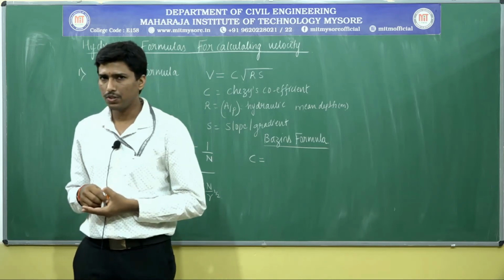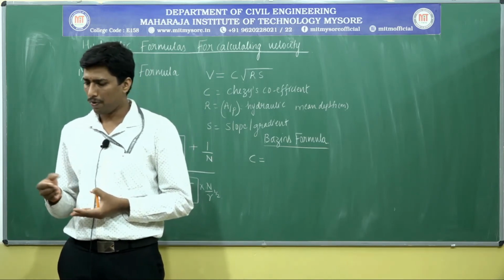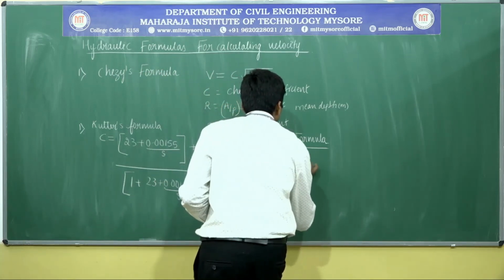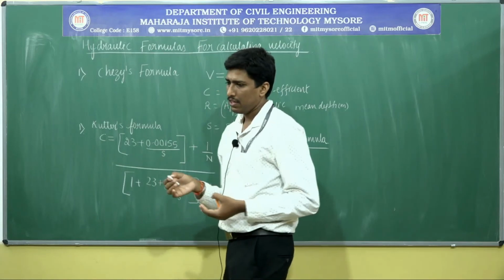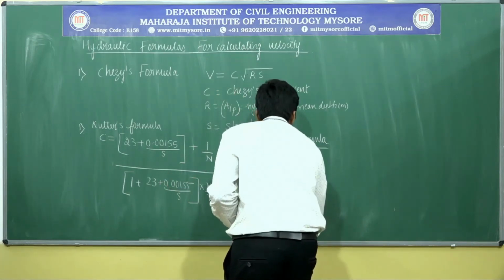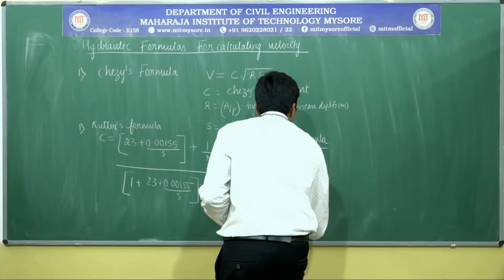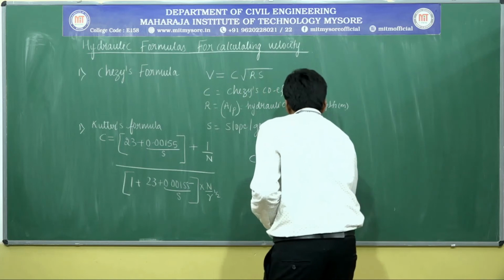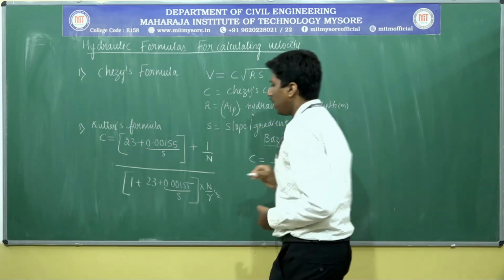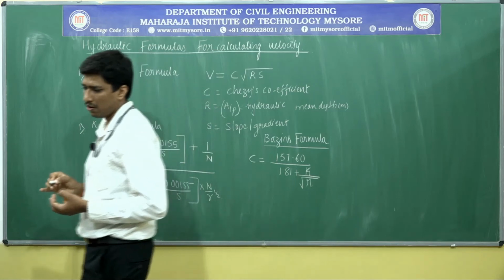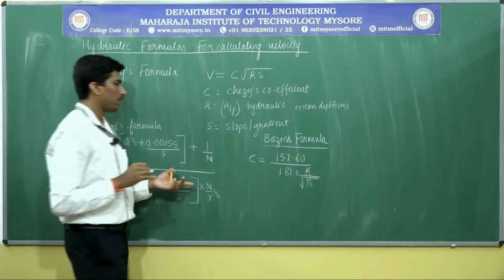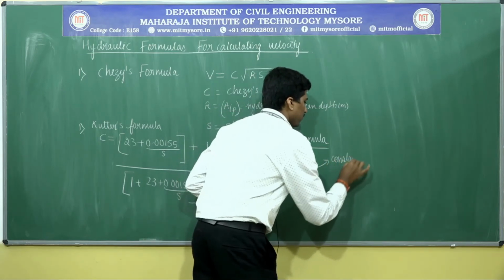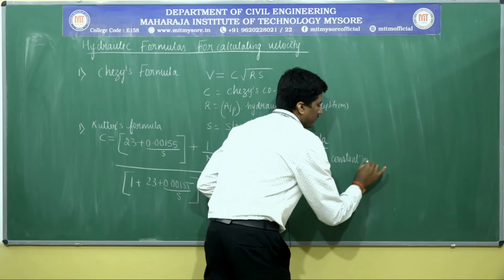Let us get to know the formula: 157.6 divided by 1.81 plus K divided by square root of R, where K is a constant depending upon the inner surface of the material.